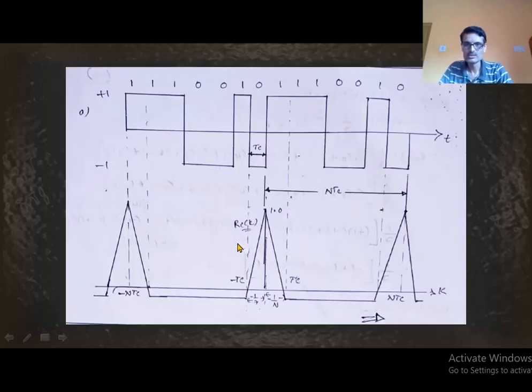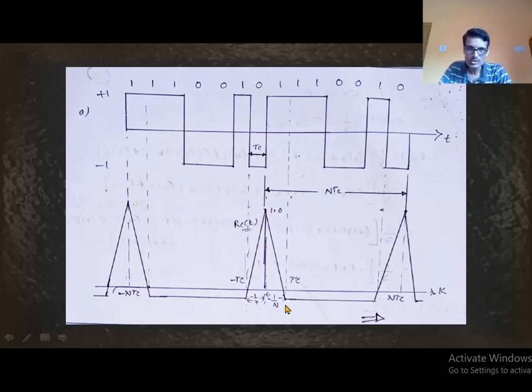If I plot it, just look at this. This is my polar representation of my bits. 1110010 is my number. I have taken it 2 times. I can consider 3 times, I can consider 4 times because it is periodic. 1110010. So for n equal to 0, at this instant of time, it is 1. For n equal to 0 in the second repeated sequence, it is 1.